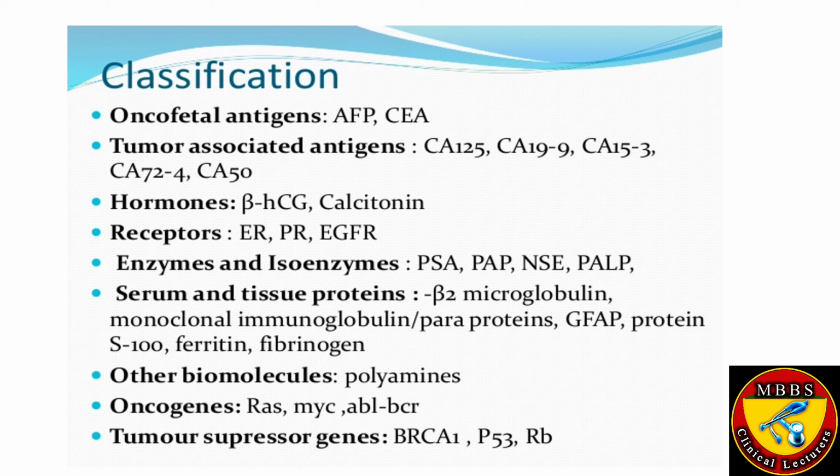Other biomolecules like polyamines and oncogenes like ROS and MYC, APL and BCL. MYC is a very important marker in lymphoma. Tumor suppressor genes like BRCA and P53 are very important genes. Therapies are also available against these markers.